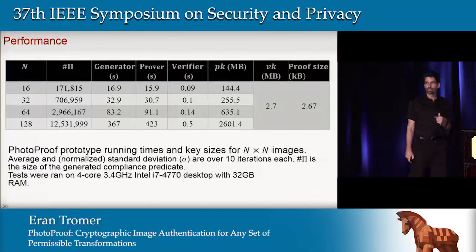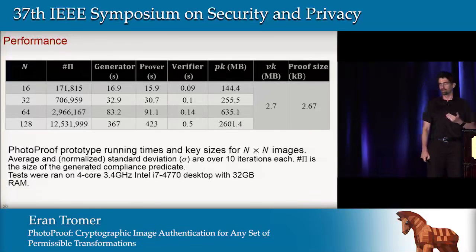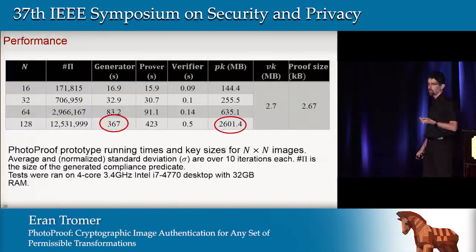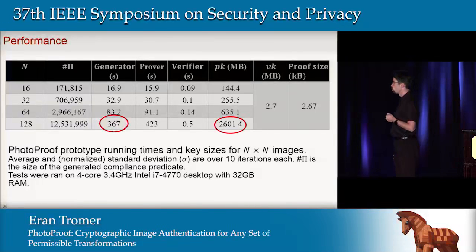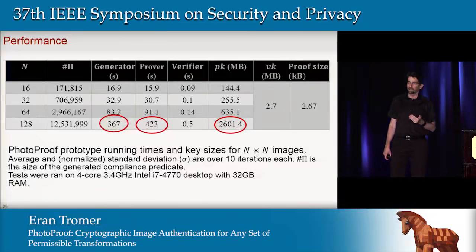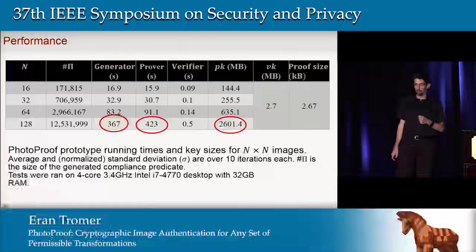In this case, the generator encoding the permissible sets into the public keys runs for about 4 minutes and generates about 4 gigabytes worth of public keys. The prover takes about 5 minutes to prove that a single transformation was indeed legitimate. And this covers all of the transformations concurrently.